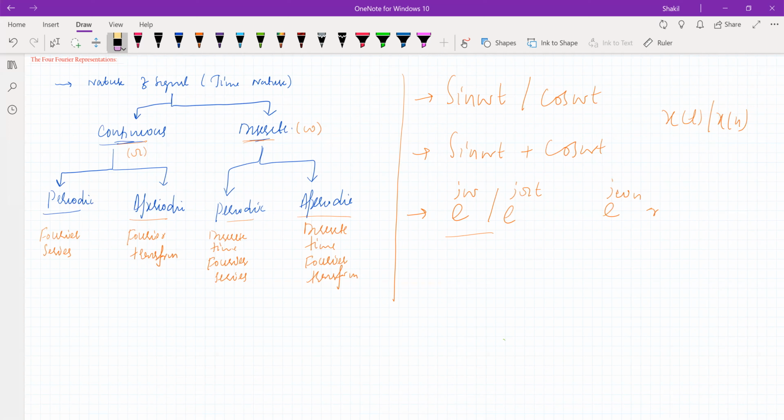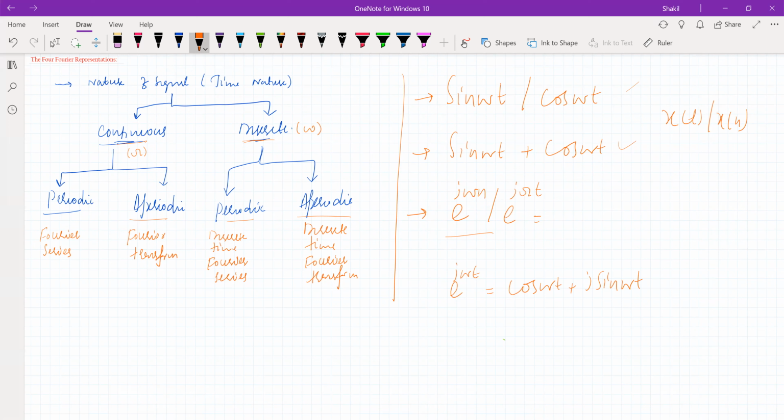So we can use these, and we know e raised power j omega t is simply cos omega t plus j sine omega t. So we can either express x of t or x of n as a weighted sum of these cosine or sine waves, or using both sine and cos waves, or we can use complex sinusoids.